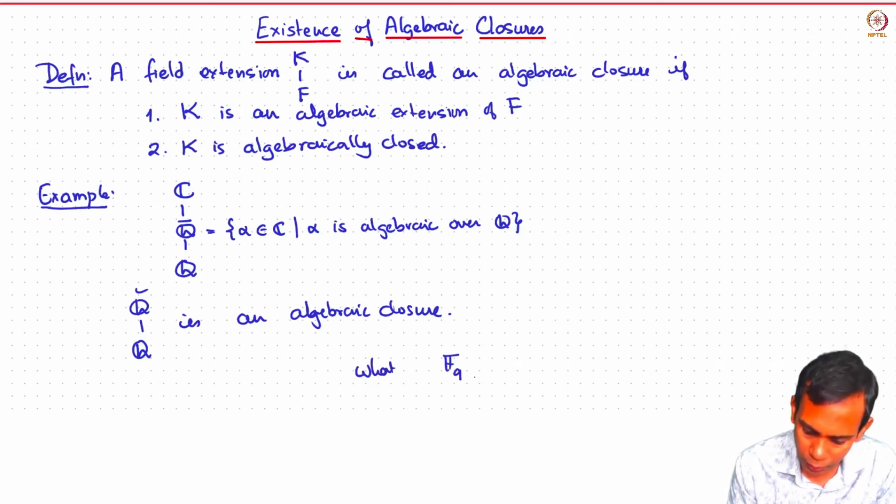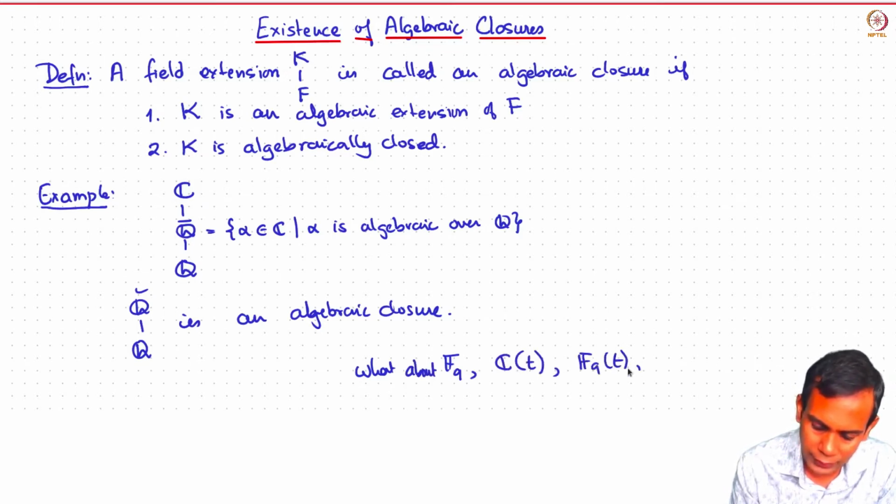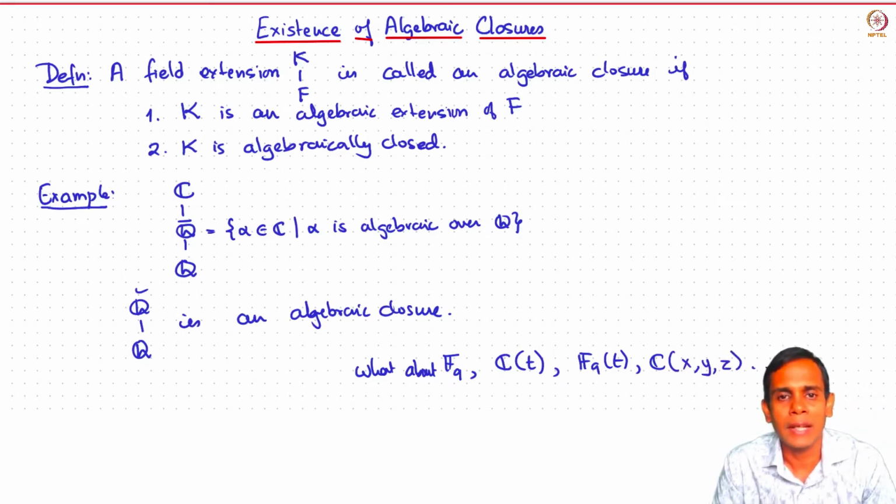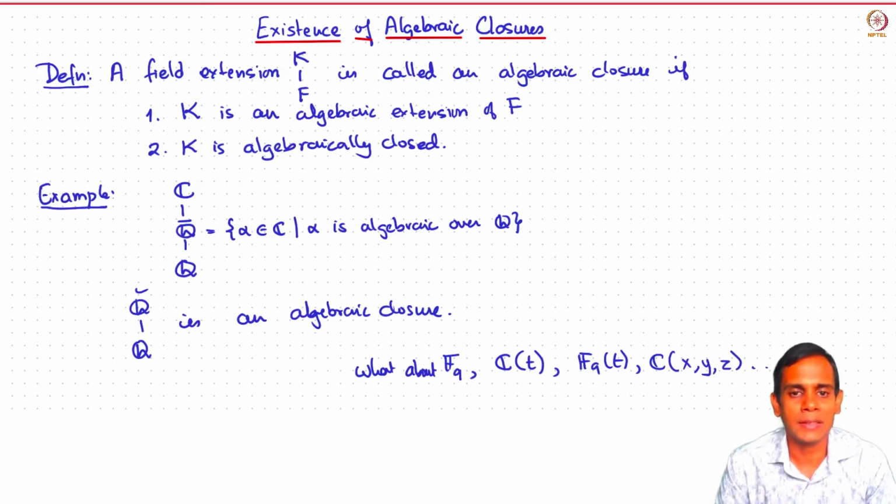Or what about a field like rational functions with, say, complex coefficients, or rational functions with coefficients in a finite field, or fields with rational functions in multiple variables? Each of these fields, it turns out, admits an algebraic closure. And what I'm going to show you in this lecture is a proof that every field admits an algebraic closure.